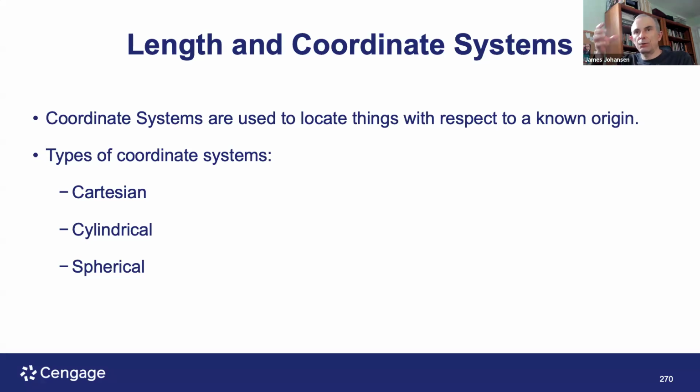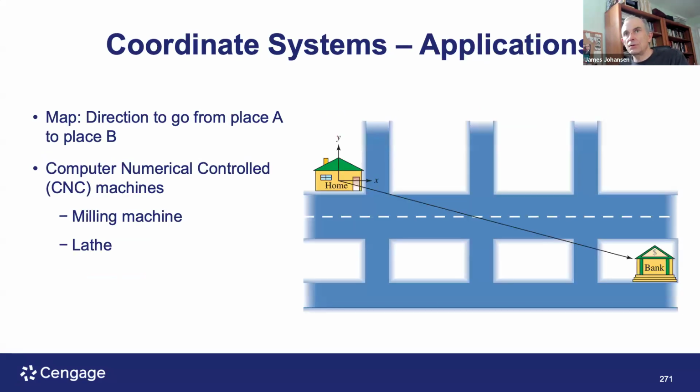It's halfway between Cartesian and spherical: two are linear and one gives an angle. And finally, spherical is just looking at the dimensions of a sphere as you go out. Those are three coordinate systems that you could encounter.